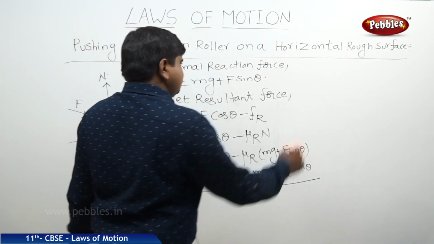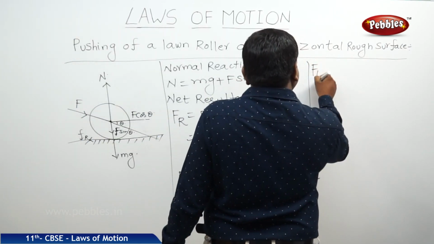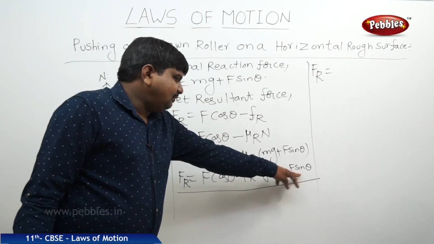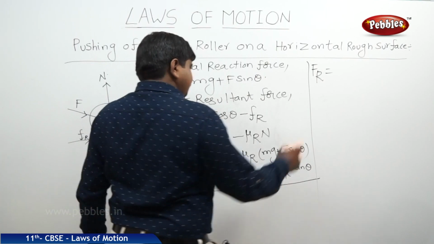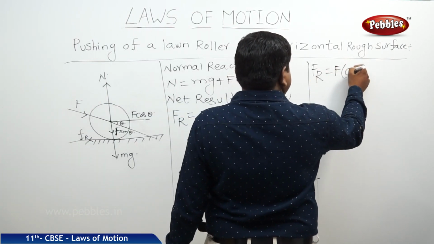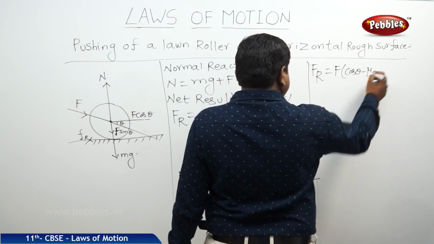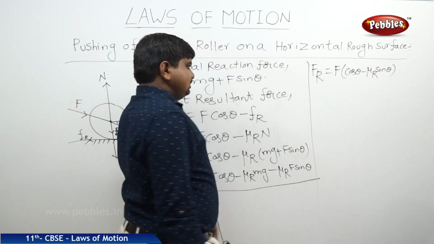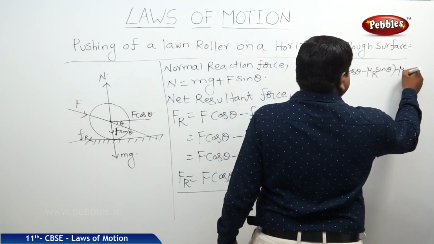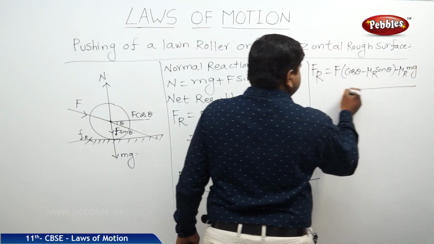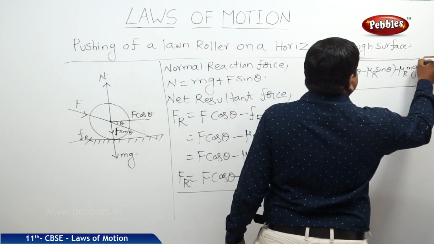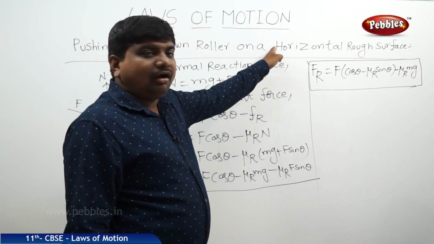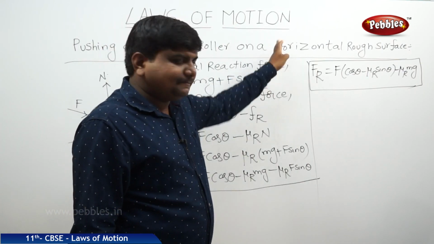So the net resultant force, if we simplify the answer, Fr is equal to, we can take F as common: F times cos theta minus mu r sine theta, minus mu r mg. This is the net resultant force acting, the force of reaction, in the case of pushing a land roller on a horizontal surface.